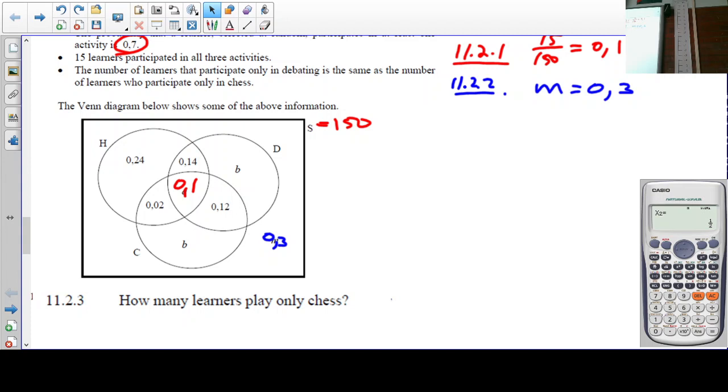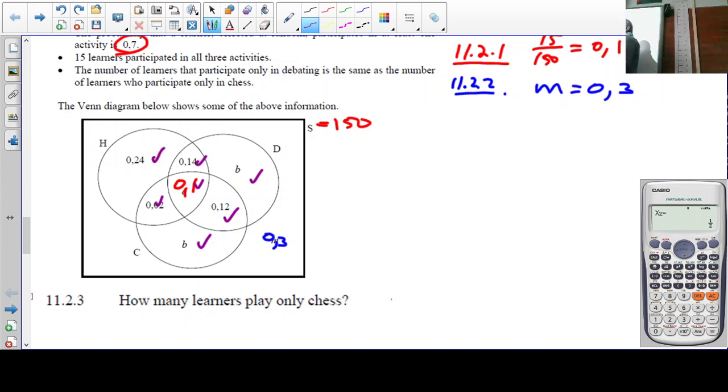Not so? We say, okay, what do we know? We know that if I add all of these together, I get 0.7. If I add that 0.3, it's going to give me 1. Not so? So he says, how many learners? So what must I do? Once I've got the probability of B, the value of B, I must work out the number of learners as well. You guys understand?